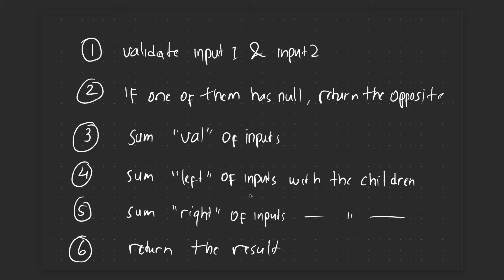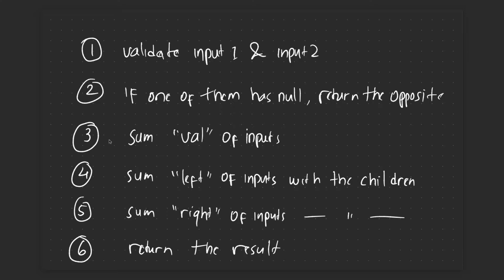So we have the summary. The first step is to validate input 1 and input 2. What we need to validate is if one of them has a null value, we will return the opposite. Then we need to sum the val of the inputs: input 1 will have the val, input 2 will have the val.